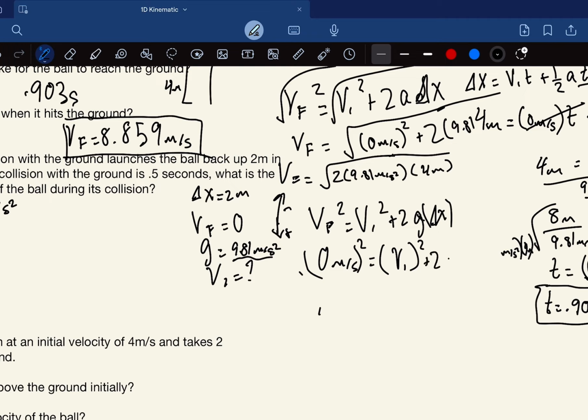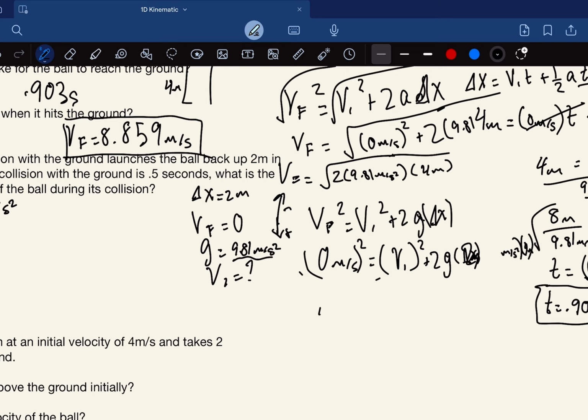So we have plus 2 times G, multiplied by delta x, which is 2 meters, and G is 9.81.